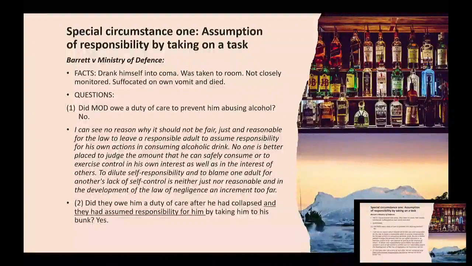Did they owe a duty to intervene, or just a duty to take reasonable care after they had intervened? The case is only authority for the point that once responsibility had been assumed to help him, they had a duty to take reasonable care in providing that kind of help and assistance.